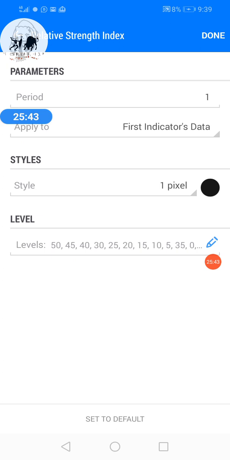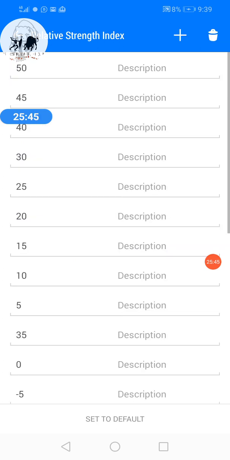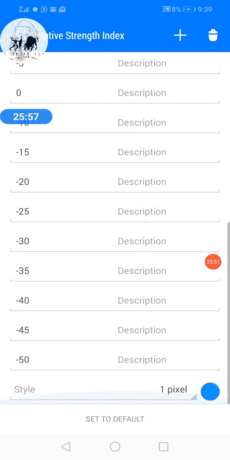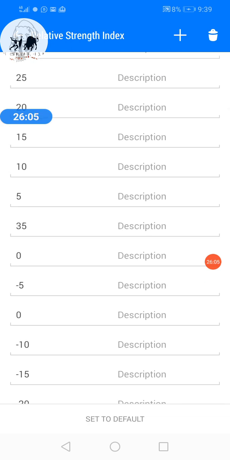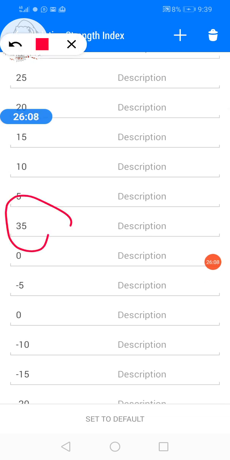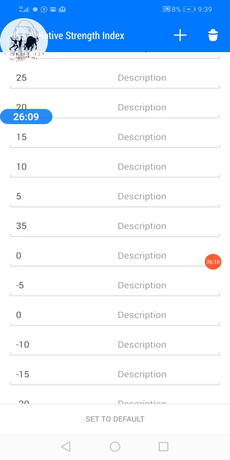So this one is the one that I use for the levels, for the signal strength: 50, 45, 40, 30. Right here it's supposed to be 35, but I put it at the bottom. Do not let it confuse you.